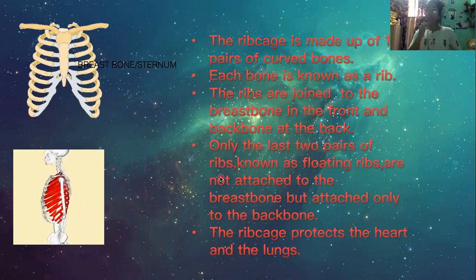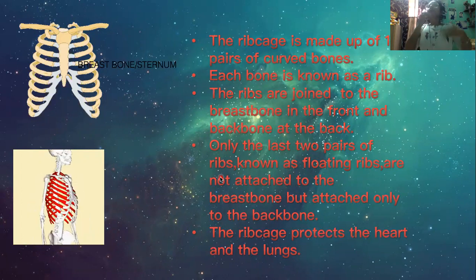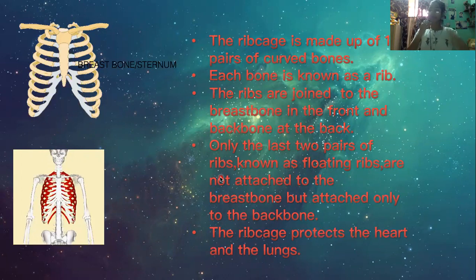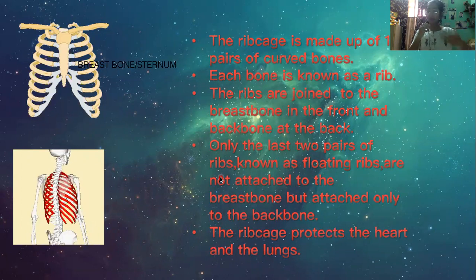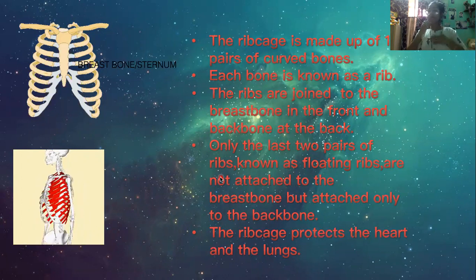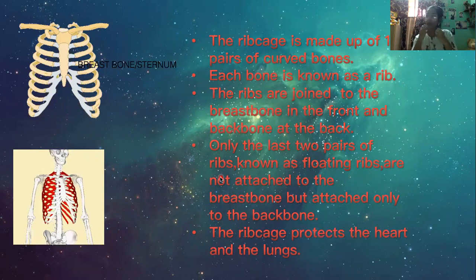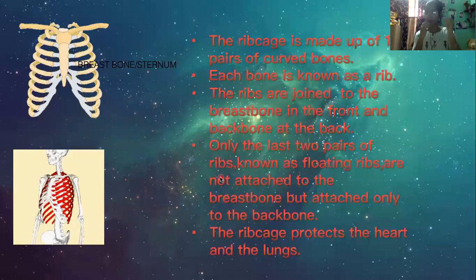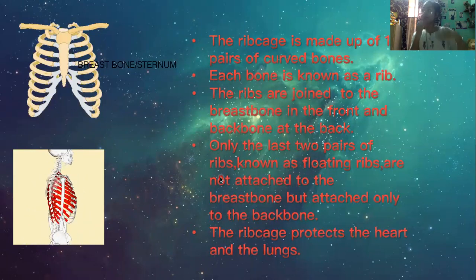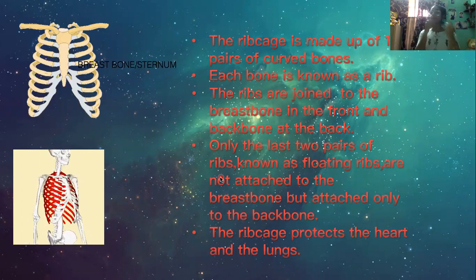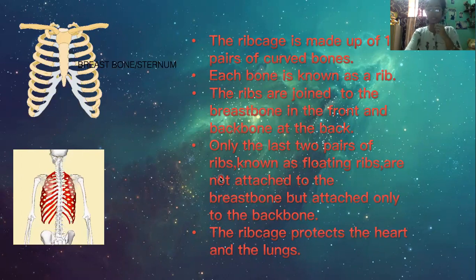And you will also see when you breathe in and breathe out, when you're normally breathing in and breathing out, you can almost feel your rib cage expanding when you're breathing in and the rib cage collapsing when you are breathing out. So the expansion and the collapsing of the rib cage actually helps us in the breathing. So rib cage also contributes a part to the breathing, apart from the protection of the heart and the lungs.